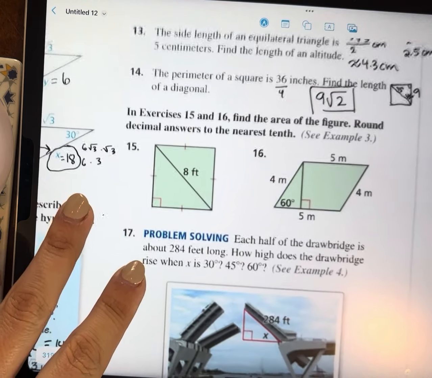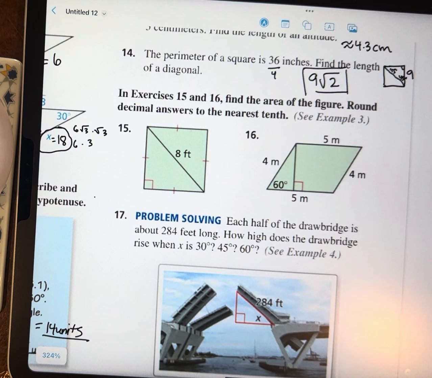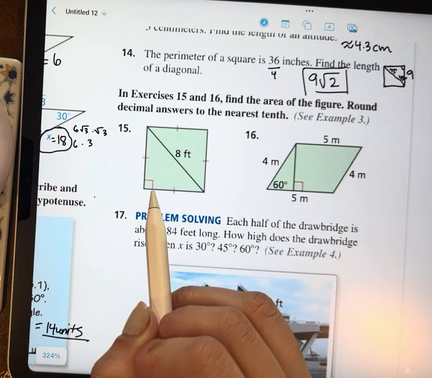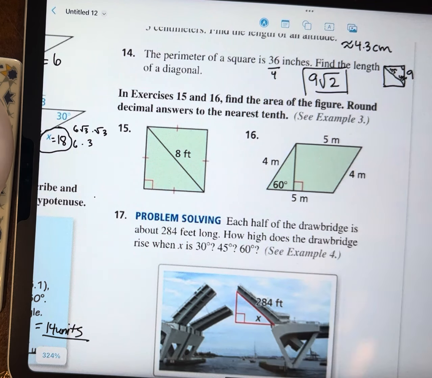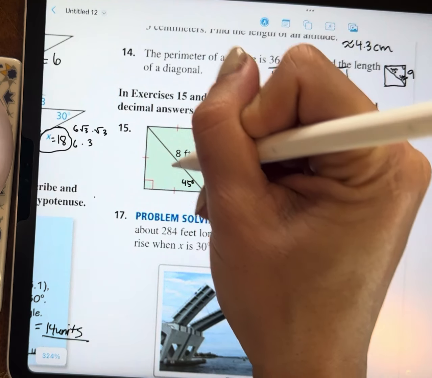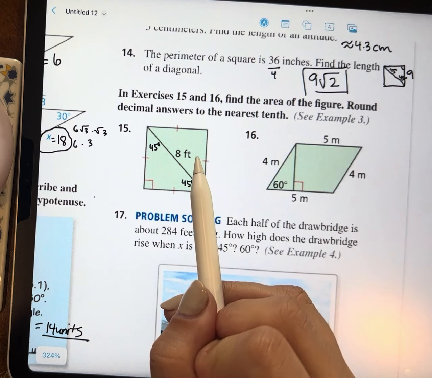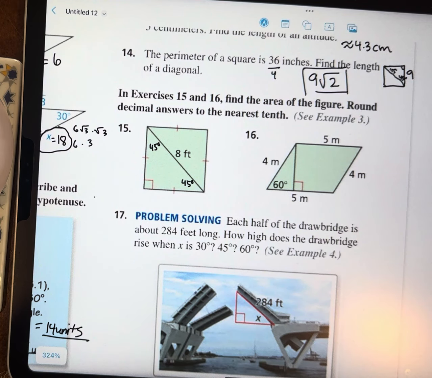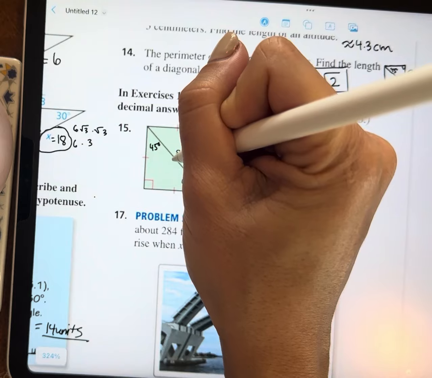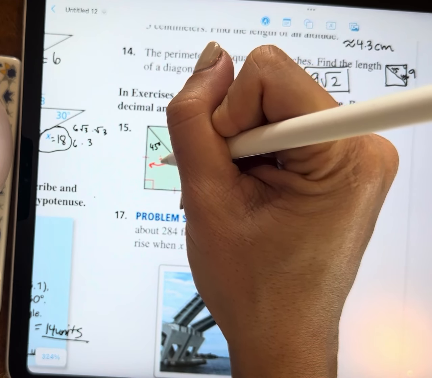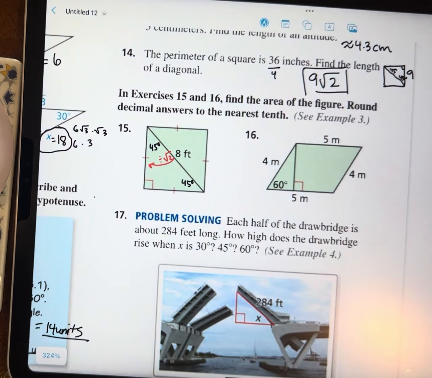Okay. Find the area of these figures. Here we have a square because they've given me a 90-degree angle and congruent sides right there. That makes these angles equal to 45s. And now, if the hypotenuse is 8, I'm going backwards to get my leg, which means I am dividing by radical 2.